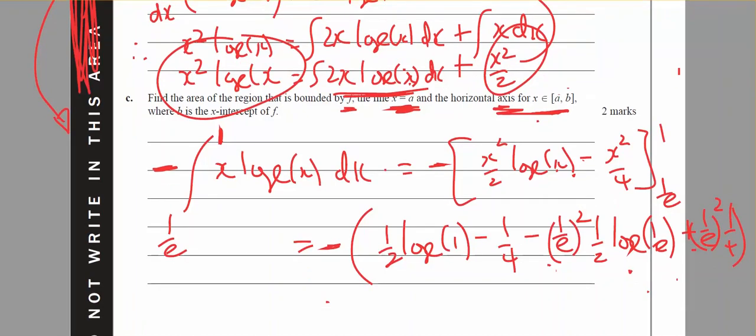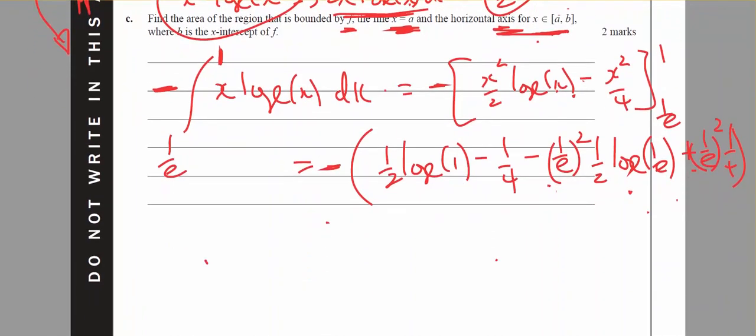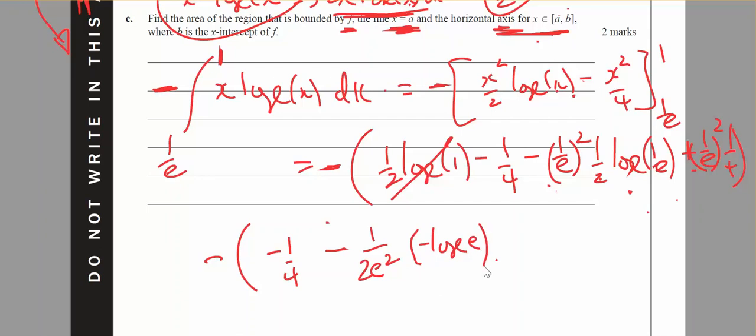And that's going to equal negative, that's 0. So we've got negative a quarter, and this is going to be negative 1 on 2e squared, the 2's in the bottom, the e squared's in the bottom, negative log base e of e, which is negative 1, and then plus 1 on 4e squared.